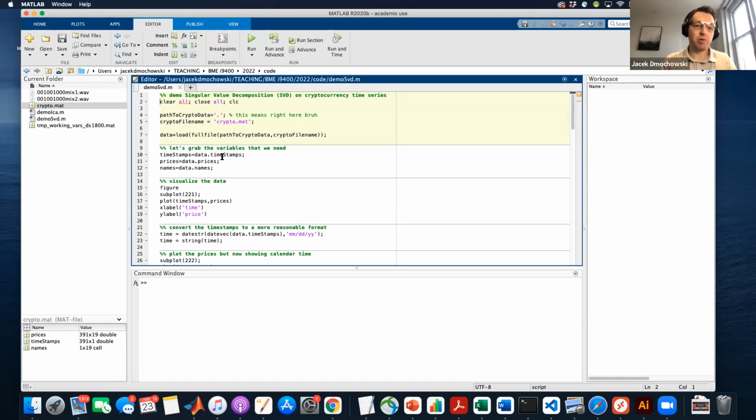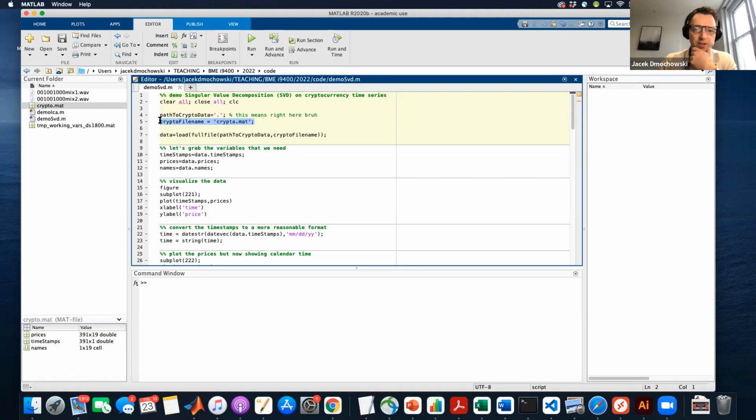And if you're working with other people, you're going to have to enforce the same kind of project structure across your team members. But here, we're just going to do a very straightforward application of a really useful piece of linear algebra called the singular value decomposition.